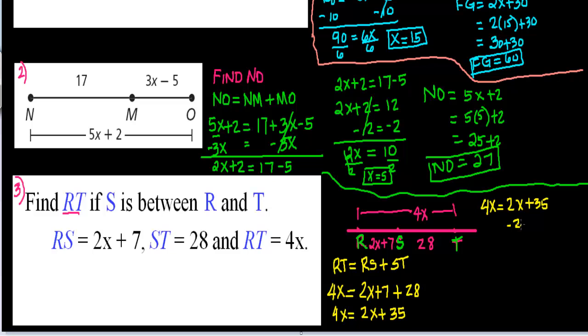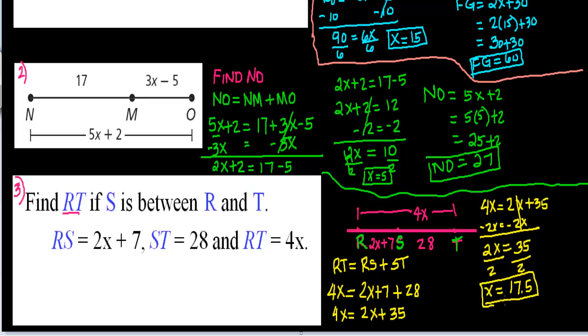I will subtract 2x from each side because I want to join them. This becomes 2x equals, this cancels out, 35. So when I divide by 2 on each side, x becomes 17.5. That's your x. That's half of 35.